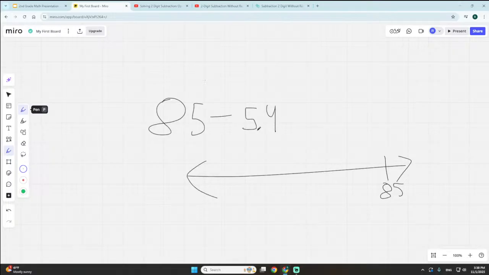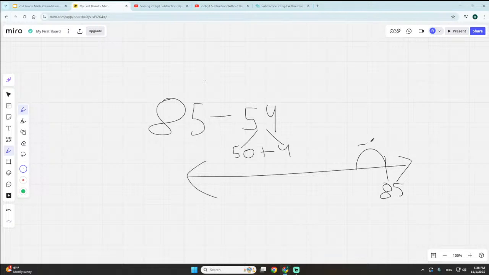Okay, so 54 factored is 50 plus 4. So 4 is in the ones place, and then 5 is in the tens place. So first we want to make the jumps in the tens place. Since 5 is in the tens place, we're going to have 5 jumps.